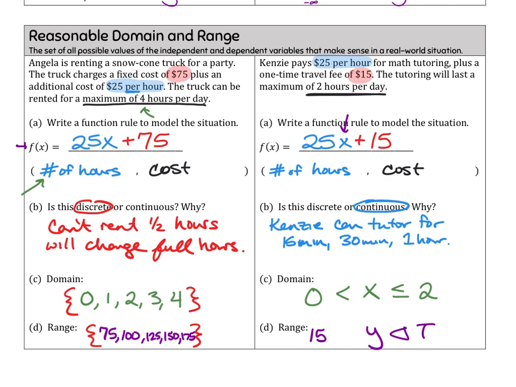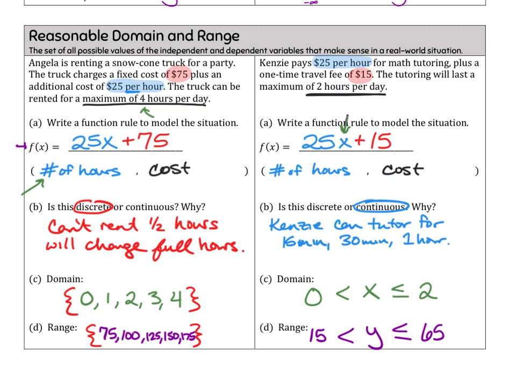And again, because the domain is less than, the range is going to be less than. The most number of hours Kenzie can tutor is 2. Wow. So if we plug a 2 in here, 25 times 2 is 50. 50 plus 15 is 65. So the most amount of money Kenzie can make each day if she tutors the full exact 2 hours is $65.